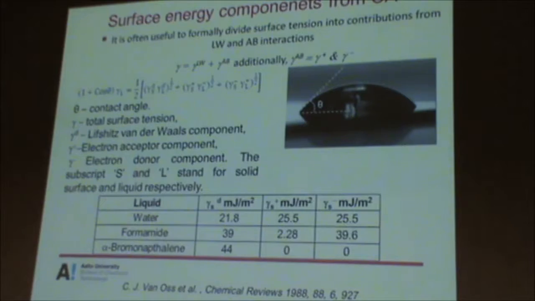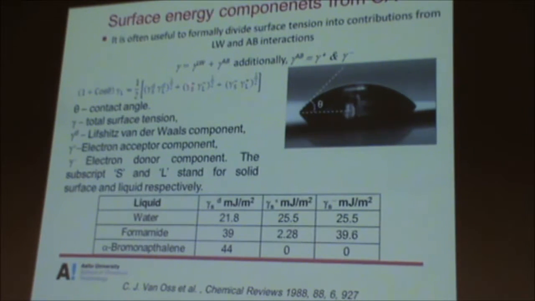Here is a more detailed equation where we split the Young's equation into its components. So now we have the surface energy of the liquid related to the angle it makes with the solid, and we are splitting the total surface energy into three components. One is the van der Waals component, second is the acid-base component. The acid-base component can be electron donor or electron acceptor.